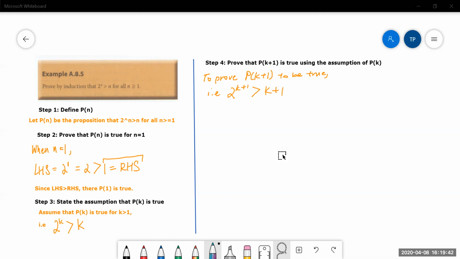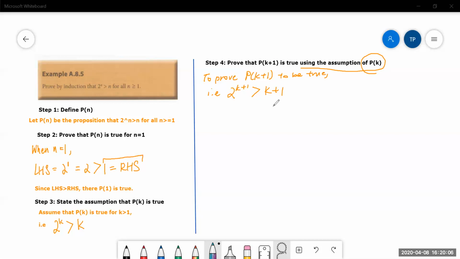Should I go through? Okay, I think I just go through. So we have to prove using the assumption of PK, right? Yeah. So this is the third question setup. The first one is algebraic.